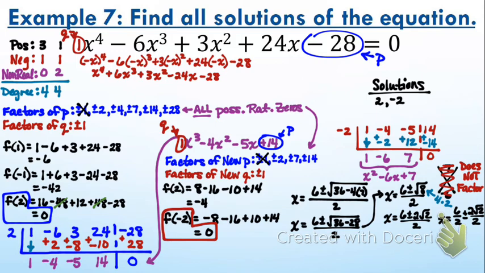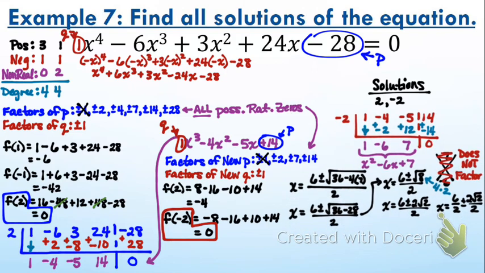Not with my solution, just with my spacing on the page. I'm trying to avoid having things covered up by the writing that insists on showing up at the screen so that you guys can see all of this. All right, so when I do that, that would be x equals 3 plus or minus the square root of 2.